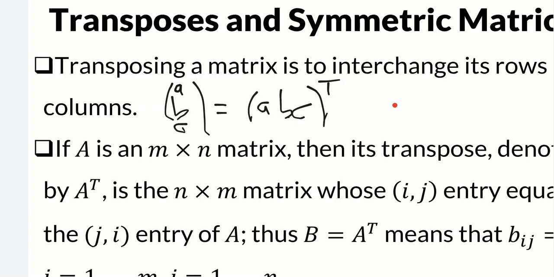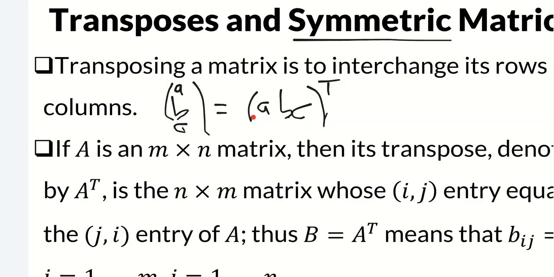In matrices we can do the same thing. When you say something is symmetric, that means when you transpose it, it ends up being the same thing. One thing about transposing a matrix is that the diagonal doesn't change, it stays the same.